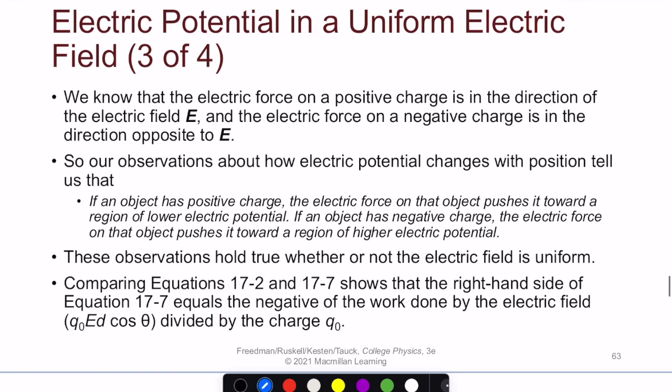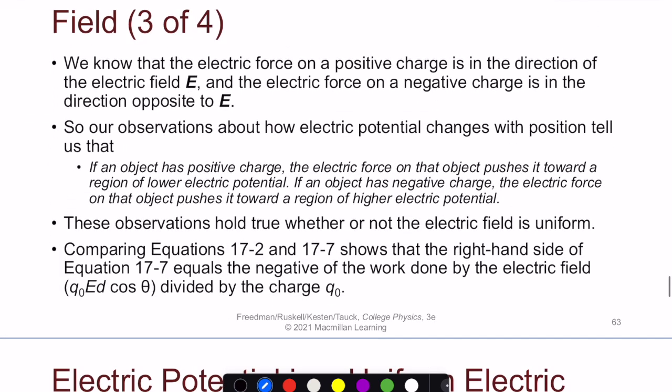So we know that the electric force on a positive charge is in the direction of the E field, and the electric force on the negative charge is opposite the E field, right? So our observations about how electric potential changes with position is basically similar to what I just explained up here.